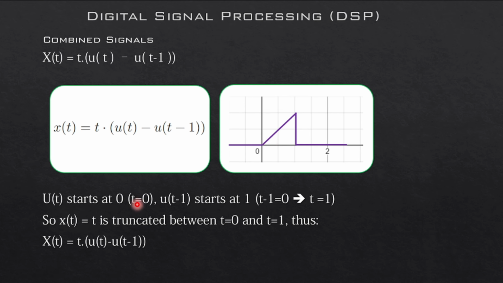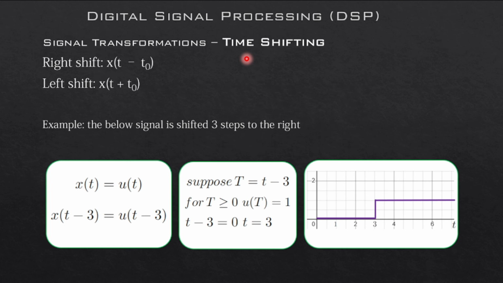So u(t) starts at t equals 0, u(t minus 1) starts at 1. So from 0 to 1, you have the amplitude 1. When we multiply it by t, you get this line here. And of course, otherwise, t that existed outside of these boundaries of the port is annihilated by the 0 of this port function. Correct?